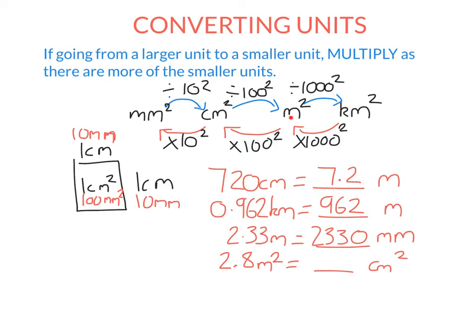So to go from meters squared to centimeters squared, I times by 100 squared. In your calculator, you can just put 2.8 times 100 squared. You get the answer 28,000. So 2.8 square meters covers the same area as 28,000 square centimeters. The rules for when you divide and when you times don't change.